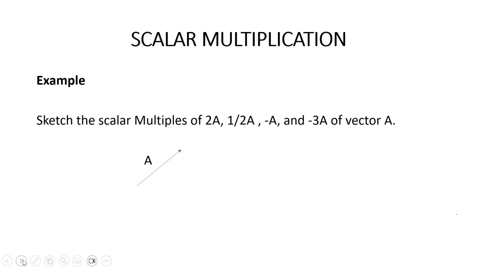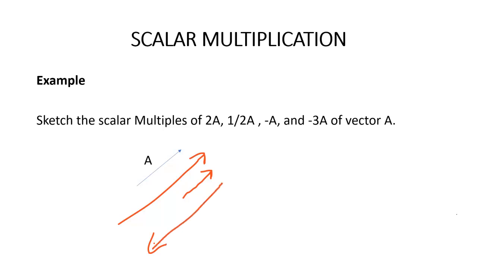From here to here is A. Then if we want 2A, it will be 2 times this line. This will be 2A. Then half of A will just be a little bit of this. The negative of A will be in the opposite direction.